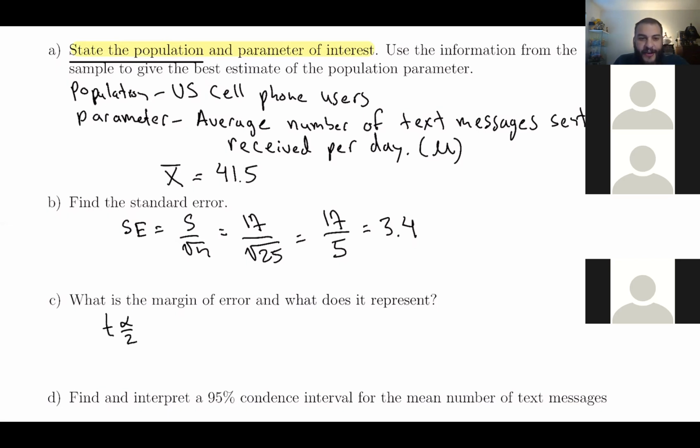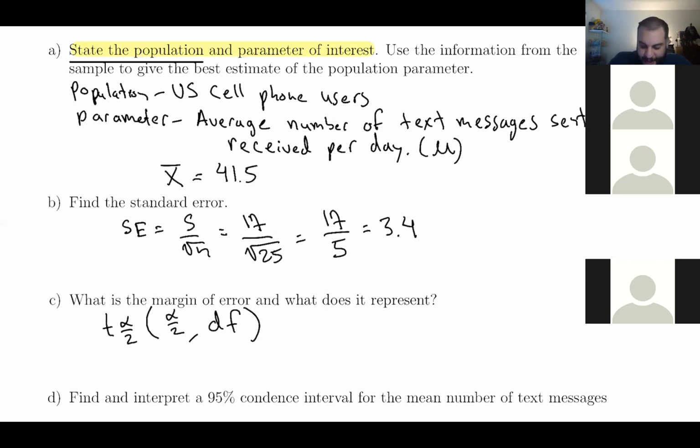In order to find t alpha divided by 2, we're essentially going to have to find alpha divided by 2, but we're also going to have to find degree of freedom. So in order to find this t value that we want, we have to find what alpha divided by 2 is equal to, and what degree of freedom is equal to.